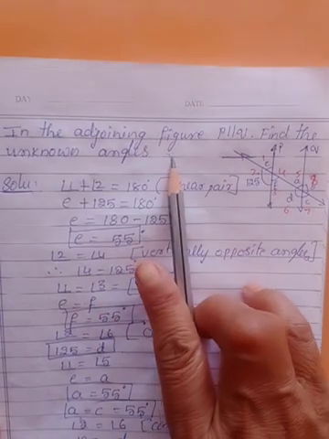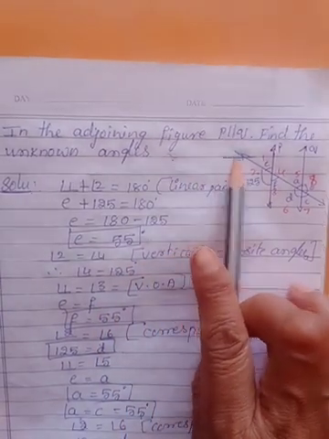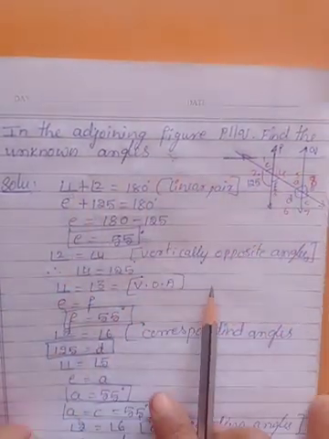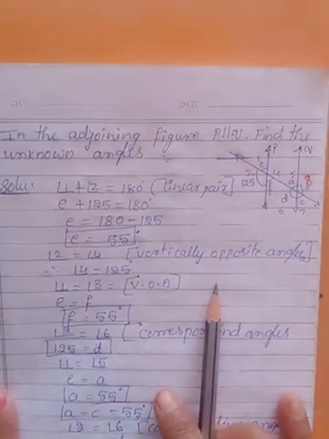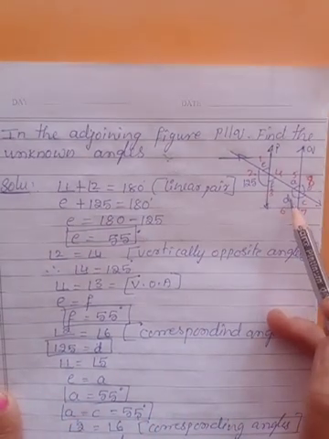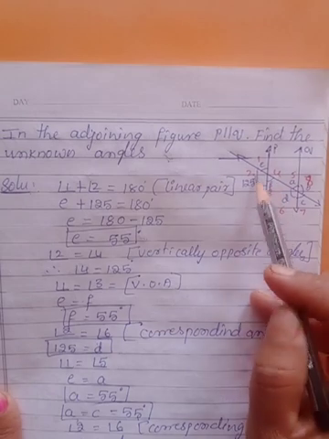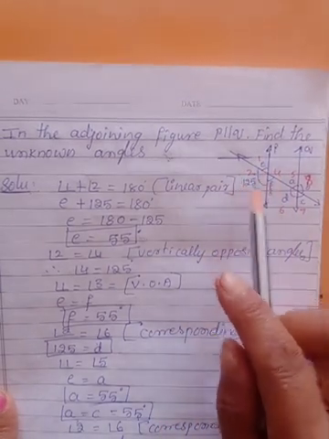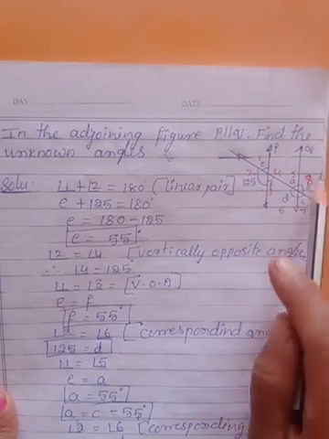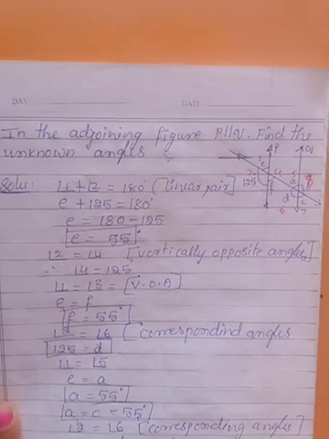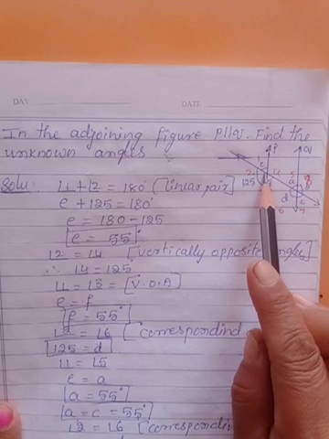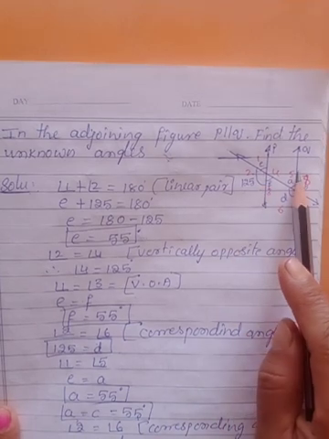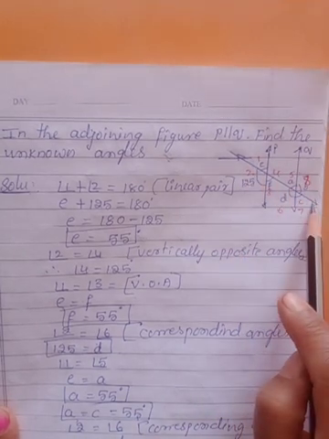In the adjoining figure, P is parallel to Q. Find the unknown angles. They have given A, B, C, D, E, F and one angle 125. I am naming them as 1, 2, 3, 4, 5, 6, 7, 8. Now just check it out. Already they have given P is parallel to Q and it is a transversal line.